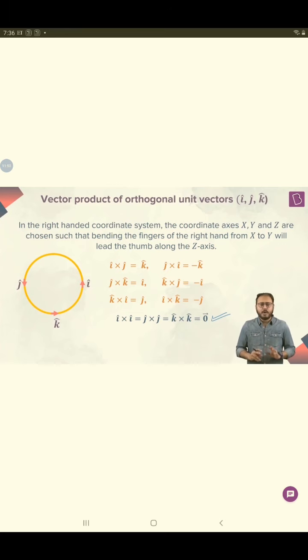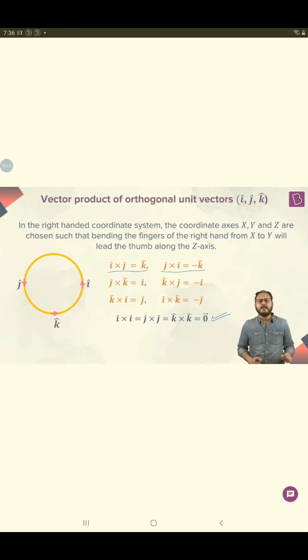Perfect. Now what happens when the perpendicular counterpart is crossed? Pay attention. i cross j is k. That makes sense, sir, because i is along the x-axis, j is along the y-axis. So when I cross them, I want a vector which is perpendicular to both of them. Z is fine. j cross i is minus k.